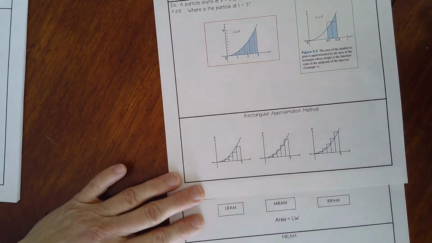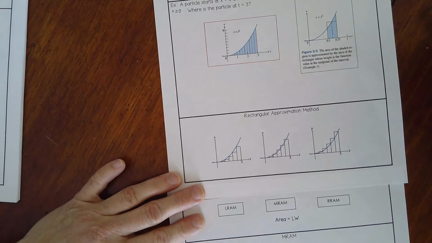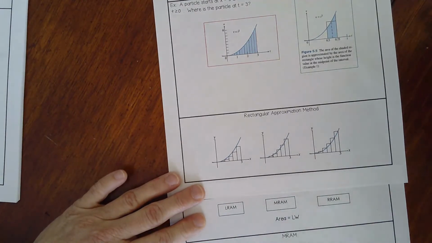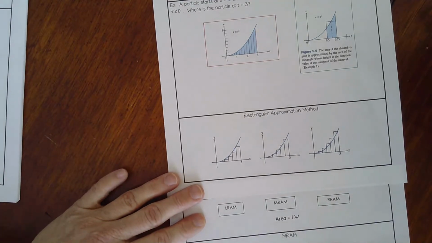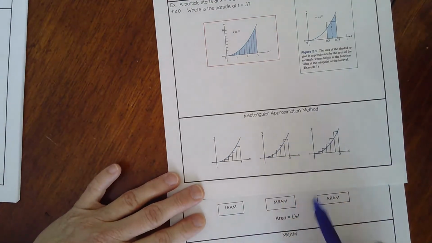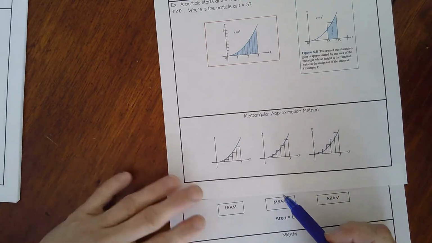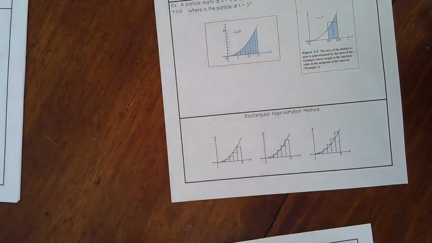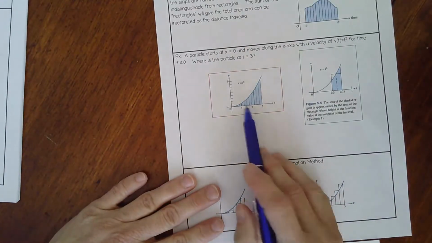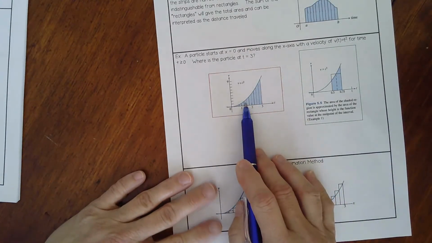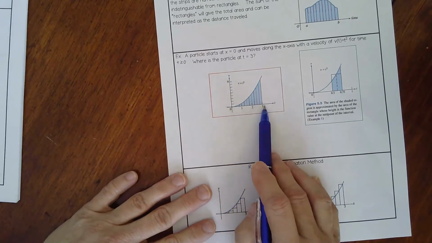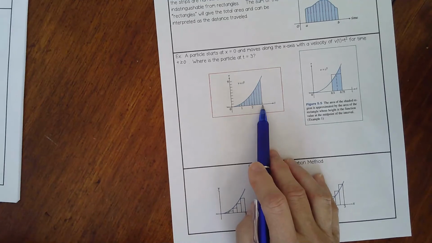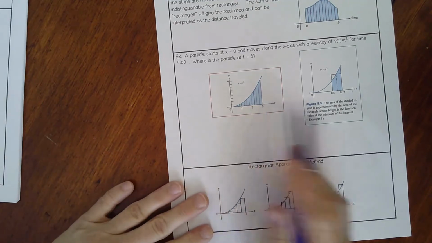Okay, we're going to pick up with Unit 6, Lesson 2, which is approximating areas with Riemann sums. These are rectangular approximation methods, and we talked yesterday about being able to find the area under a curve, like we have here, by dividing the region, or the interval 0 to 3, into 12 rectangles.